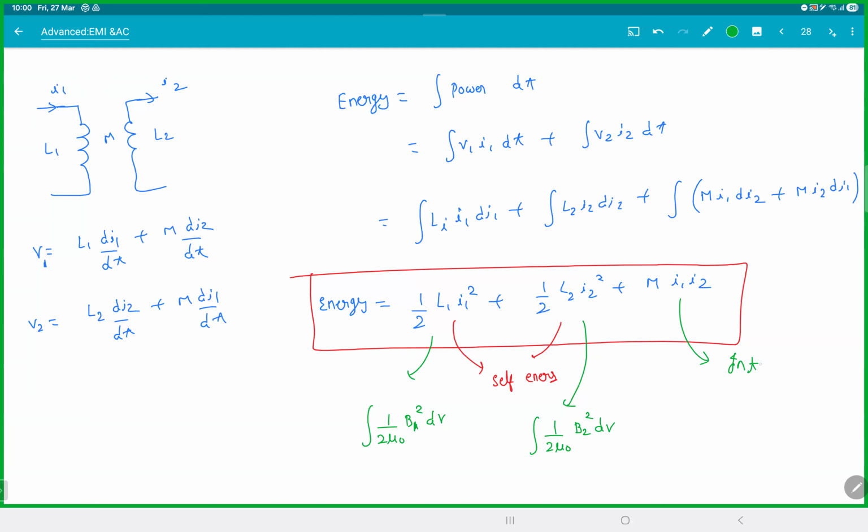This is the interaction energy between the inductors, basically coming because of mutual inductance. And you know what this is? This is the integral of B1 dot B2 dV. You remember that formula? I taught you this in electrostatics. Mu naught M I1 I2.